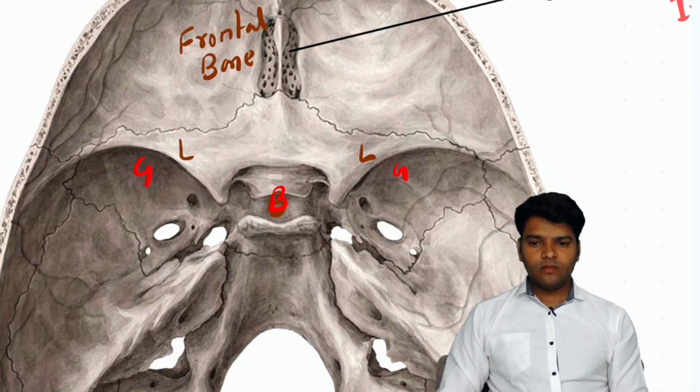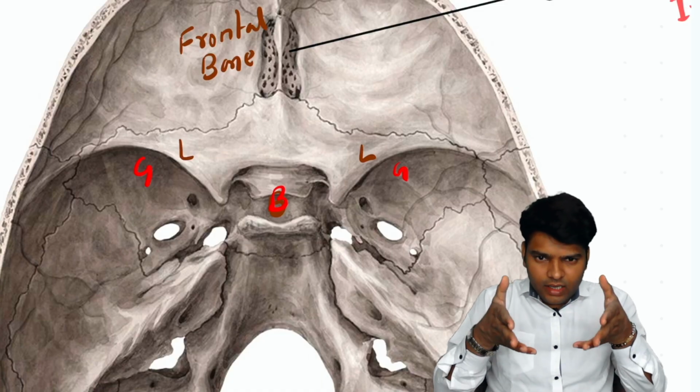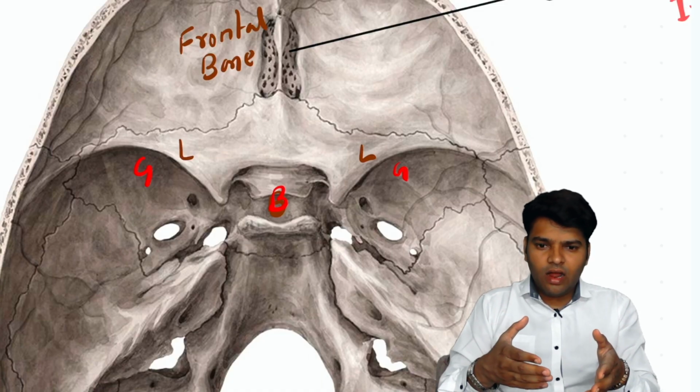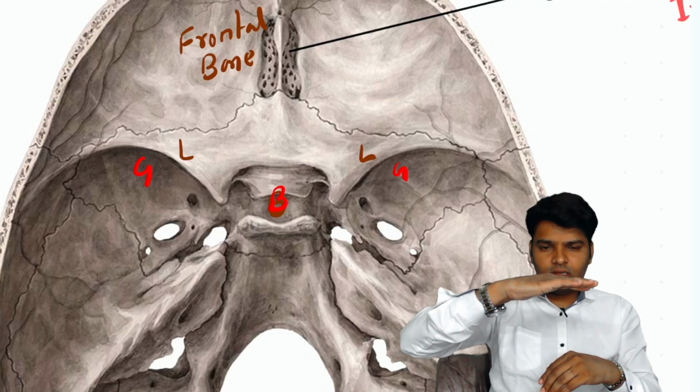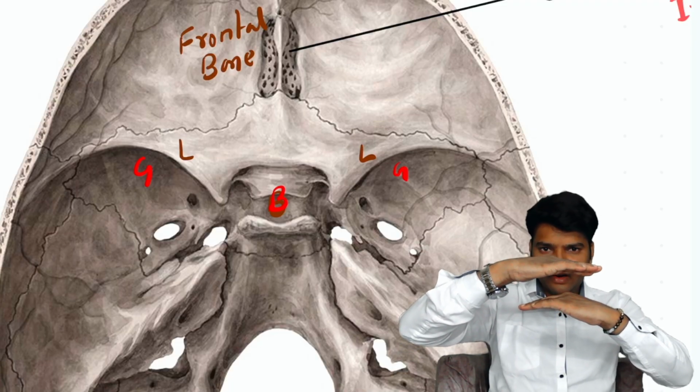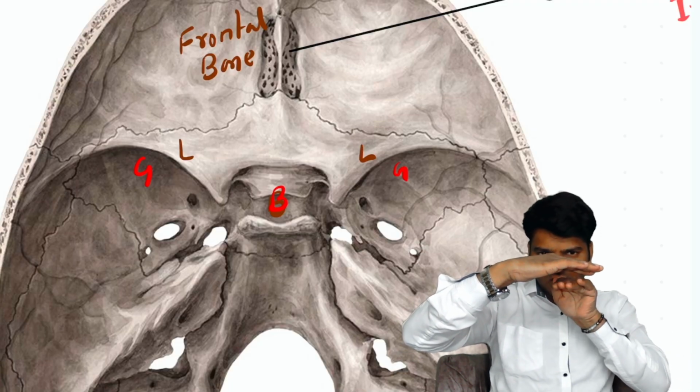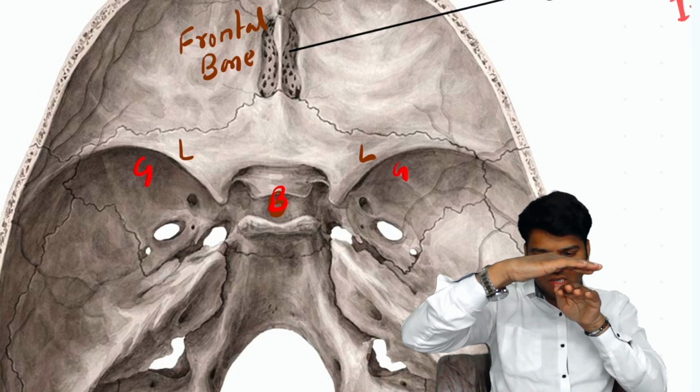When you tilt the skull base, this is the lesser wing of sphenoid, this is the greater wing of sphenoid, and in between them you will see one opening.